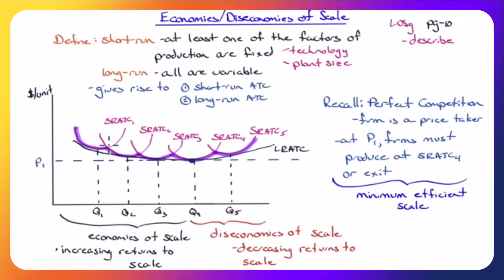And perhaps it invests in some new technology or a larger plant size, and it finds itself on a new short-run average total cost curve, which is SRATC2. And it continues on until it hits some minimum, and then it finds that, well, our costs are starting to increase now. We need another investment. So it continues on by making these investments in new technology, new plant size, etc. So it keeps shifting to new short-run average total cost curves.